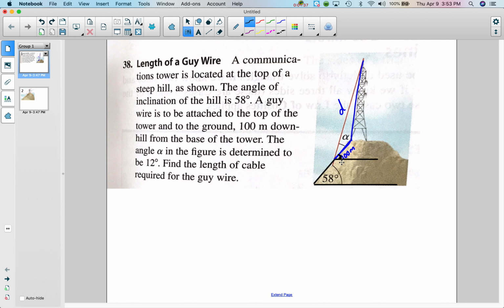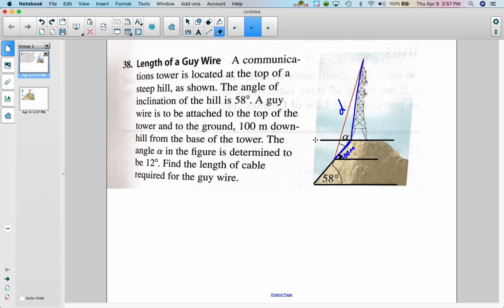So I know that this is 58 degrees, and I also know the angle alpha is 12 degrees. Did I even need the 58 degrees? Not sure that I needed that right there or not.